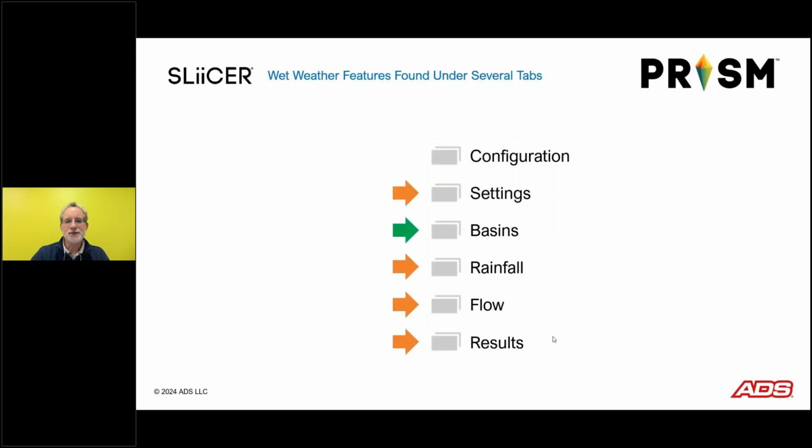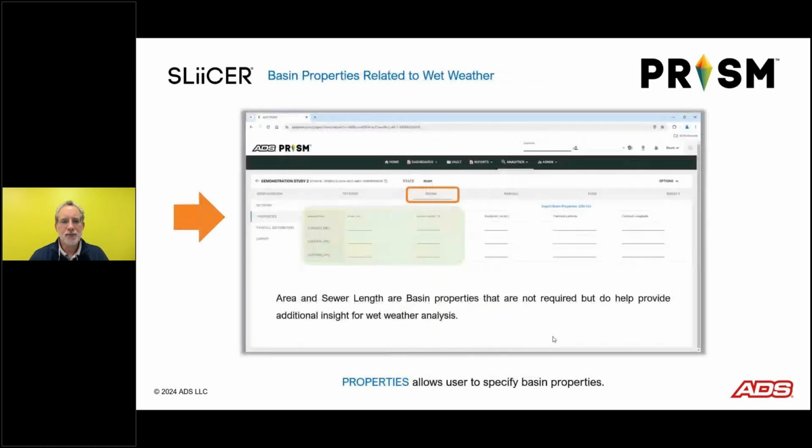Now let's take a look at the Basins tab. The Basins tab is what I call the metadata of an I&I study. So typically when we think of an I&I study, we're thinking about the flow data and the rainfall data, but there's also some additional parameters you need to put that data into perspective. And that is the properties of the basins from which the flow comes that's measured by that flow monitor.